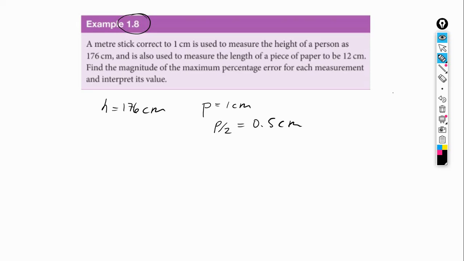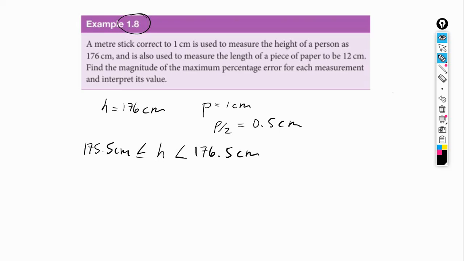That means that H would be bound the following way. It's going to be greater or equal to 175.5 centimeters, and it's going to be less than 176.5 centimeters. So how do we calculate the percentage error of the measurement, right?